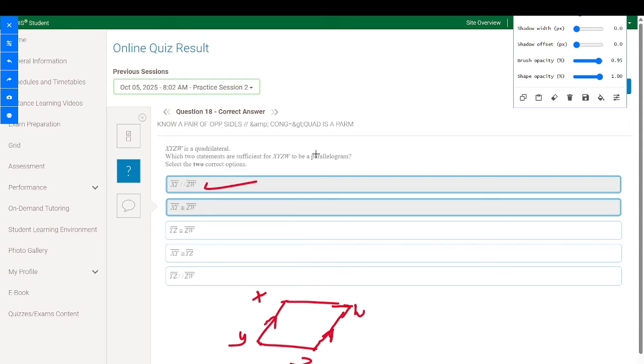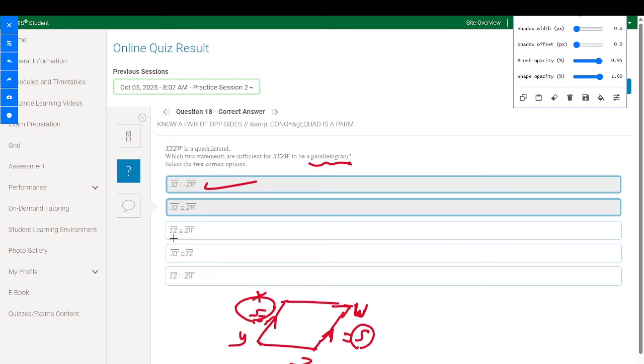Yes, to be a parallelogram, they have to be parallel. And XW, okay, here also we have XY congruent to ZW. They are equal, they must be equal. If this is 5, so this will be 5.